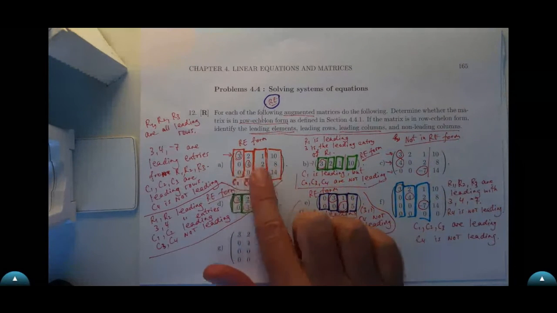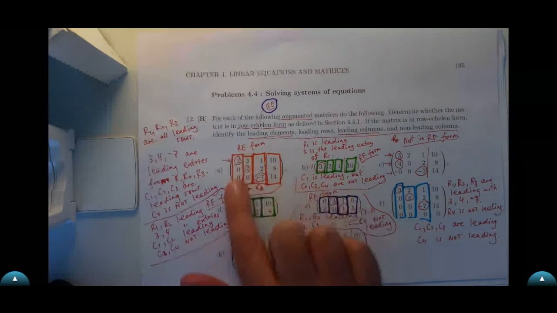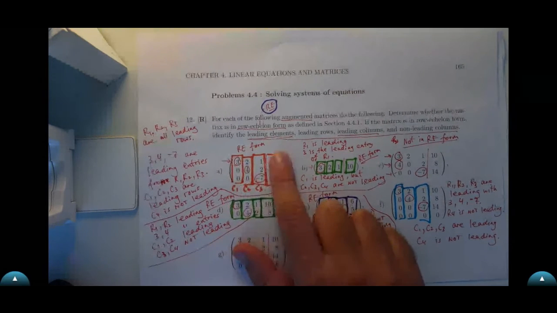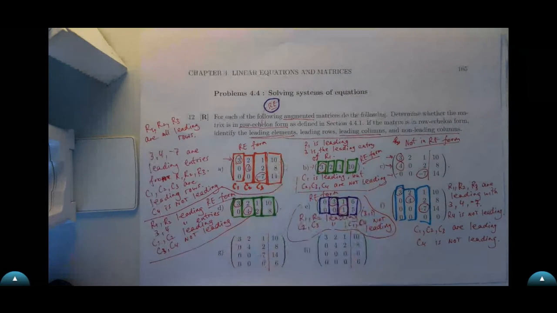If you have a look at this, all the left-hand columns are leading and the right-hand column is not leading. So what does that mean in terms of solvability? Can anyone tell me whether this has one solution, an infinite number of solutions, or no solution?